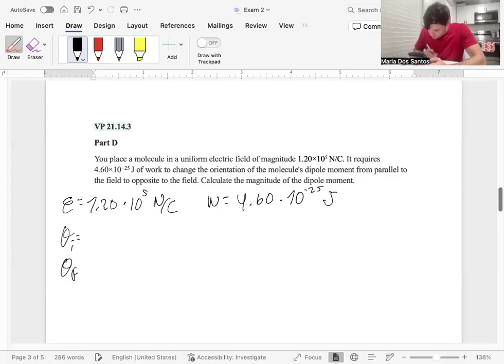Initial angle is going to be 0 degrees. Final angle is going to be 180 degrees.